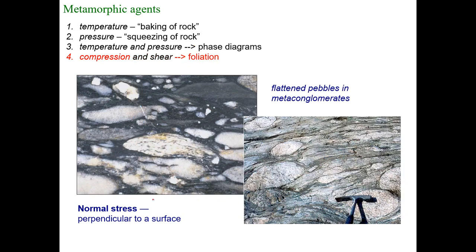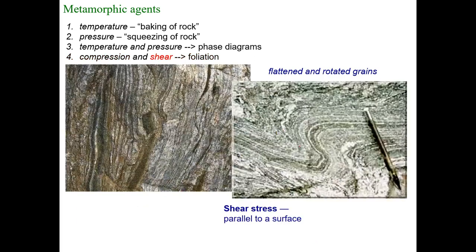Under stress from a certain direction, it squeezes the grains, and there's a preferred orientation to the grains. So this is a metaconglomerate. It started off as a conglomerate with perfectly round pebbles and cobbles, but you can see now that they are squeezed together from a preferred orientation.